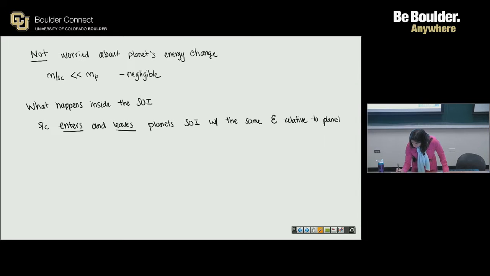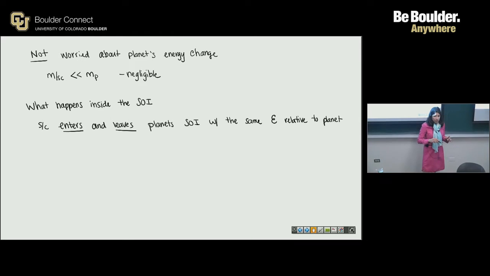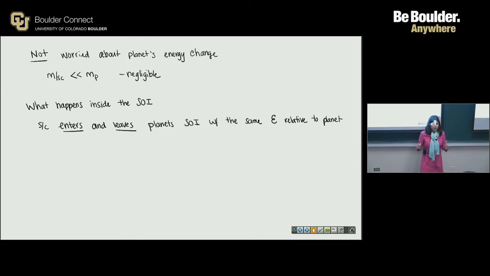Relative to the planet, as the spacecraft comes in on this hyperbolic trajectory, it's the same hyperbola as you enter and leave, right? So no energy change. Okay? The flyby is hyperbolic.